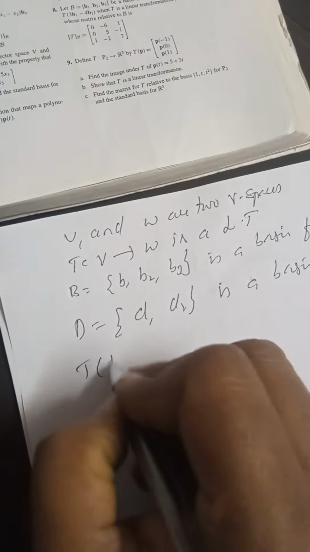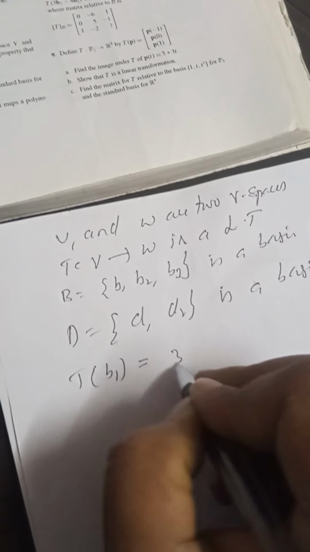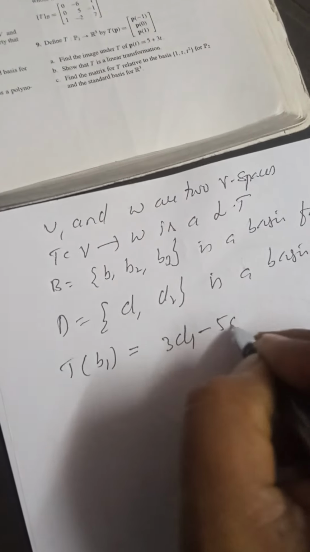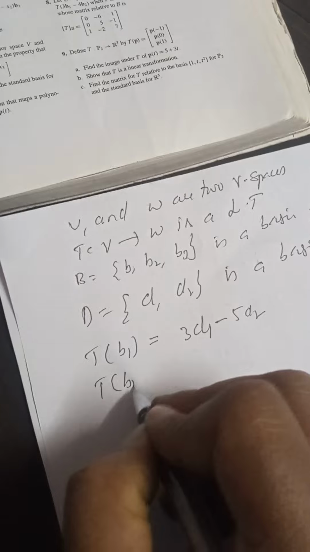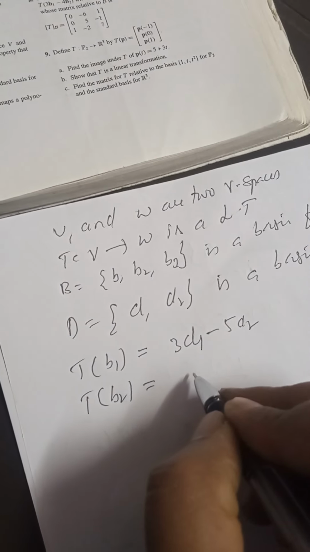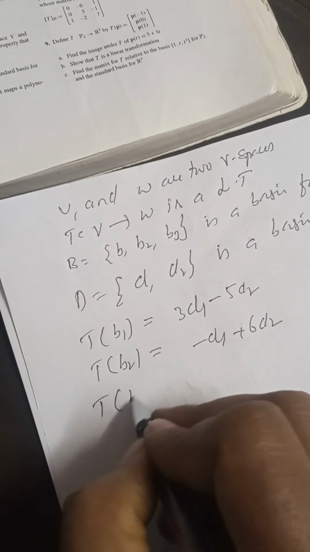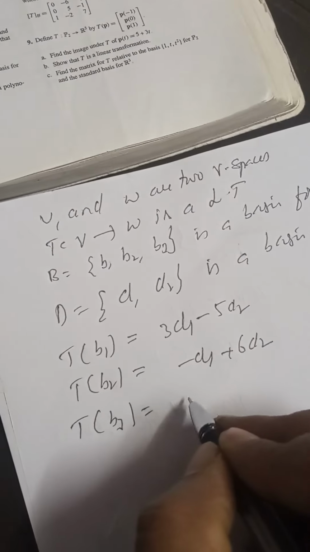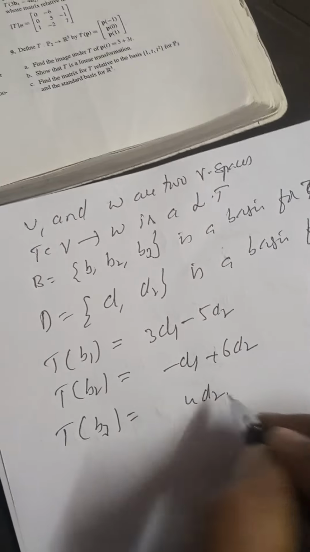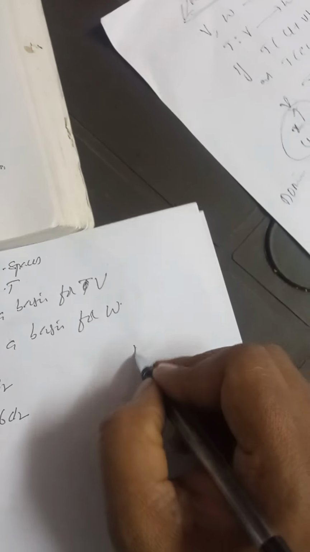Got it? Also given data is T of B1 is equal to 3D1 minus 5D2. T of B2 is equal to minus D1 plus 6D2. T of B3 is equal to 4D2. Right? What is our aim?